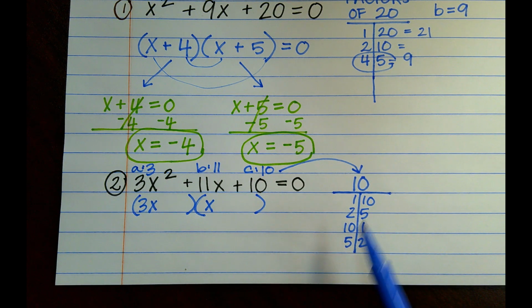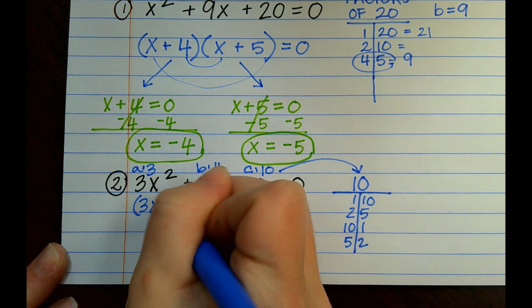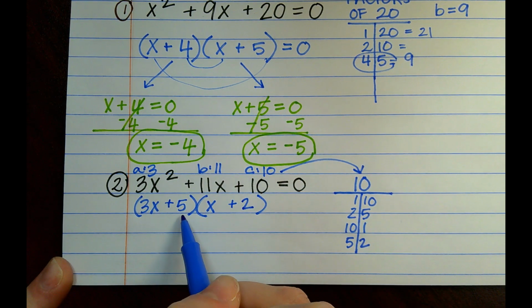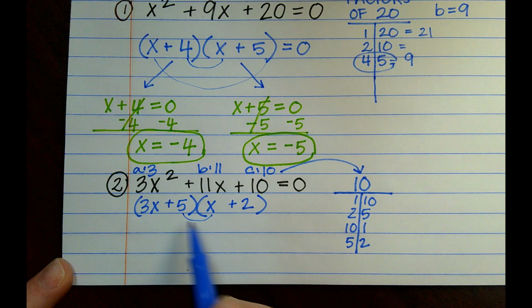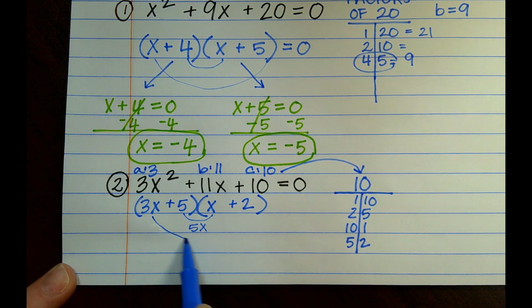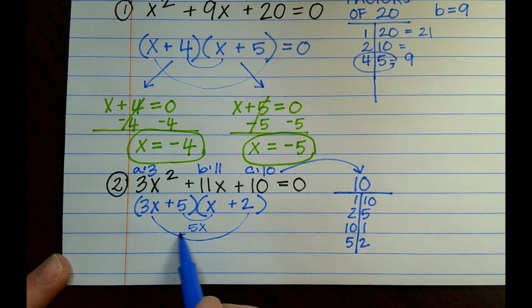So let's see, what do I need to do to figure out which pair is correct? We could use the rainbow method. Okay, what pair do we want to try? 5, 2. 5 and 2, let's do it. So plus 5 plus 2, and 5 times x is 5x. 3x times 2 is 6x.